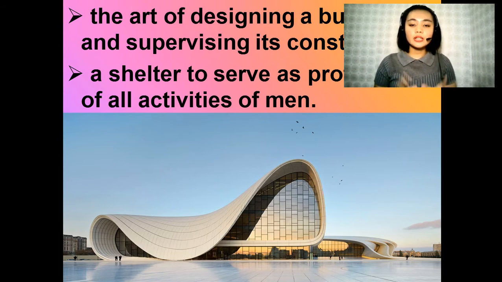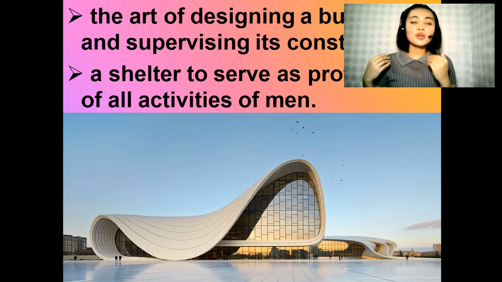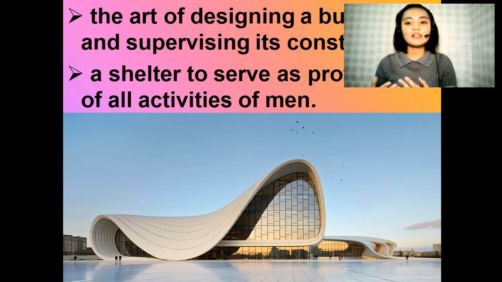So the difference between architecture and engineering is that engineering is concerned with making things happen. Kasi architecture is design, okay? And then they have to coordinate with the engineers to see if their plans are actually feasible in reality. Kasi sometimes architects are so ambitious because they want their buildings to be unique, but they cannot be really feasible in real life.